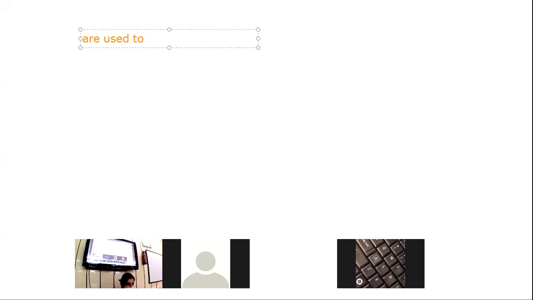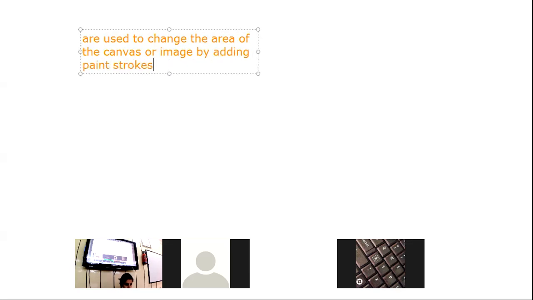Painting tools are used to edit or paint, or you can simply write, are used to change the area of the canvas or image by adding paint strokes or filling the areas with colors.